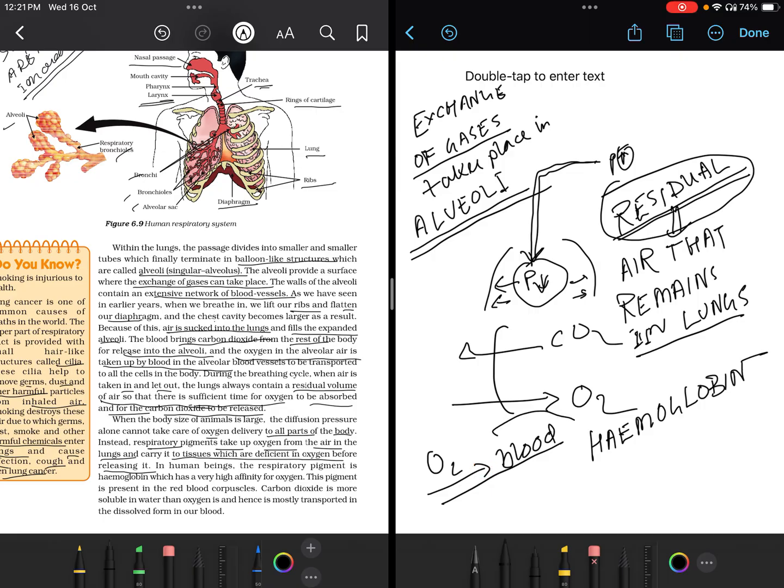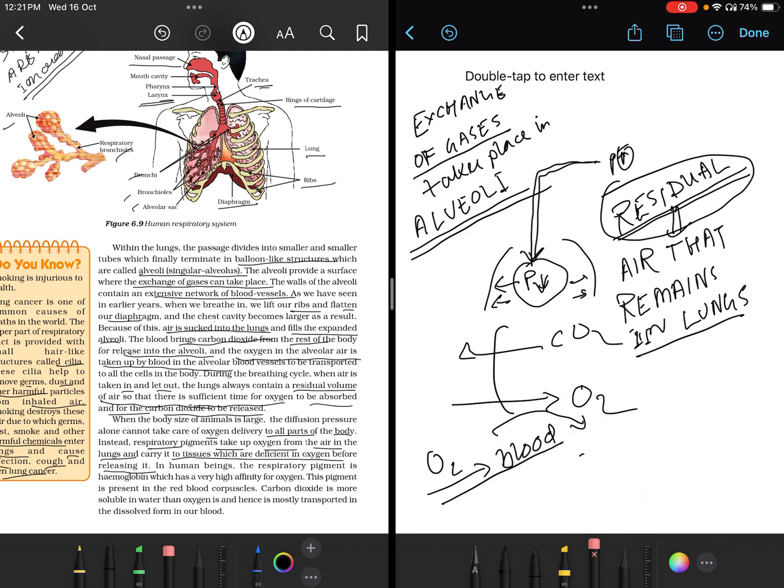and oxygen gets attached to this hemoglobin to form oxyhemoglobin, and it takes the oxygen to the various parts of the body. Is it clear? I will simplify this again for the timing.